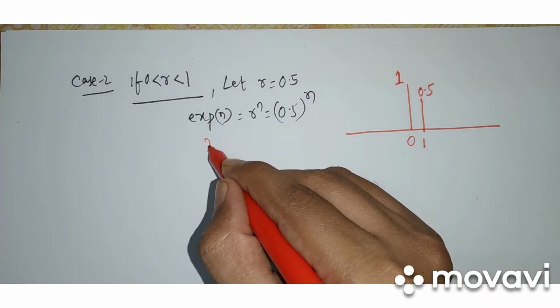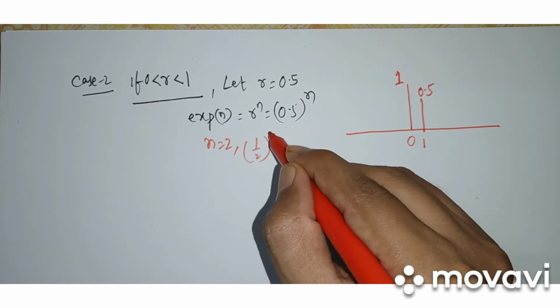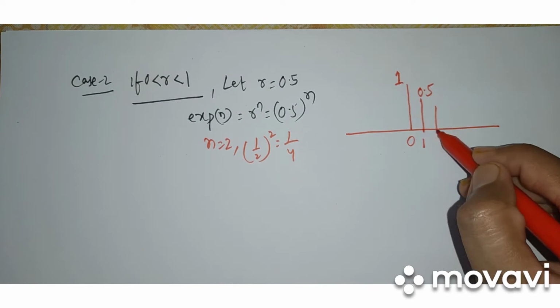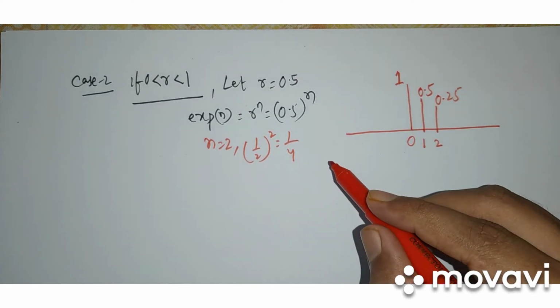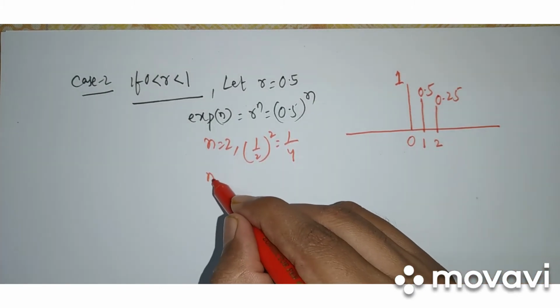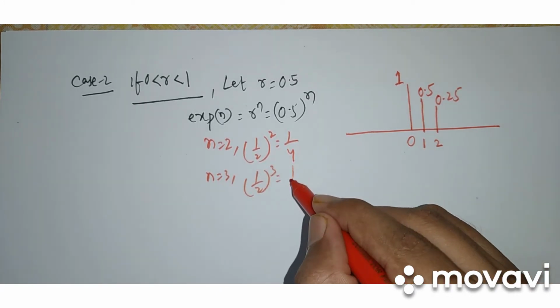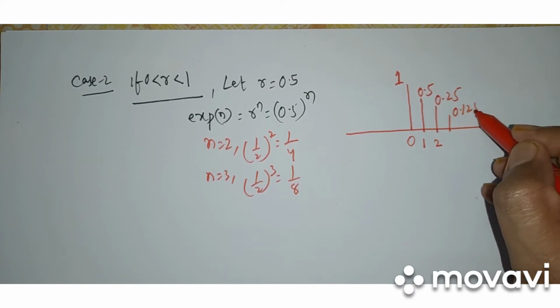Yes or not? It is 0.25. Similarly, n equals 3, 1 by 2 to power 3, it is 1 by 8, 1 by 8 means 0.125.